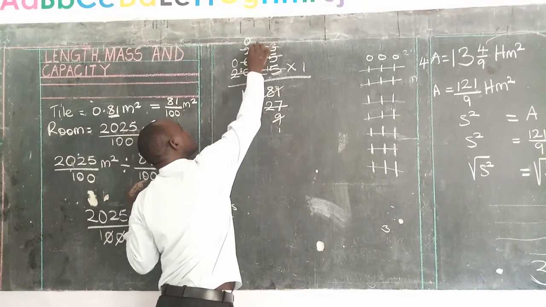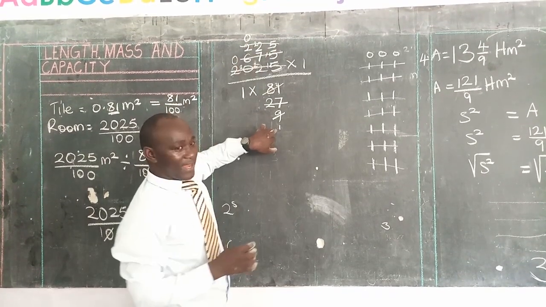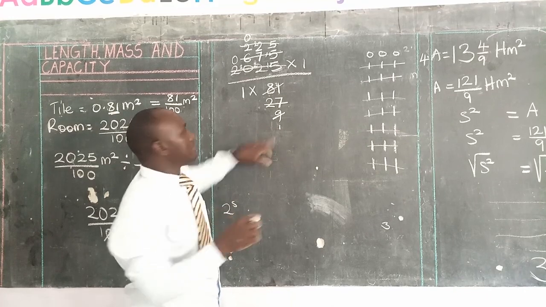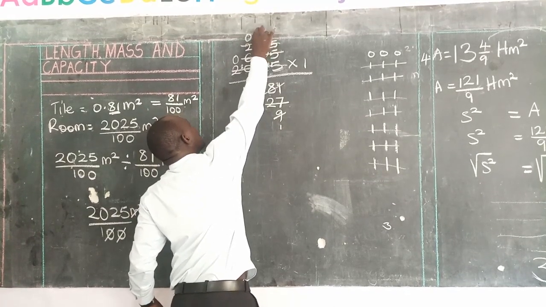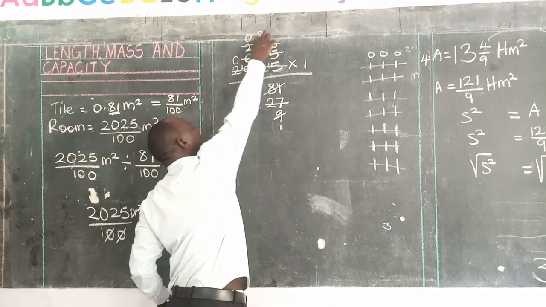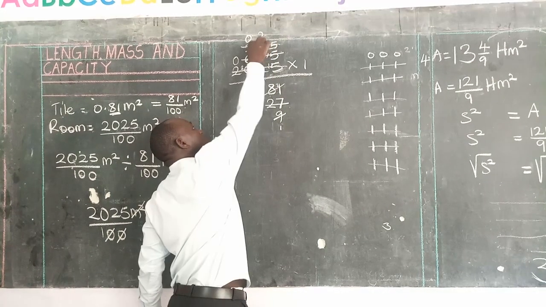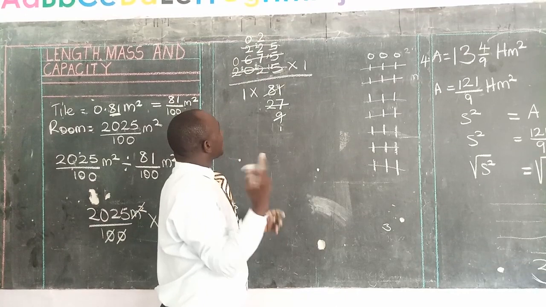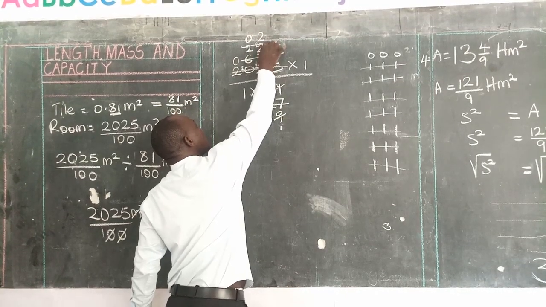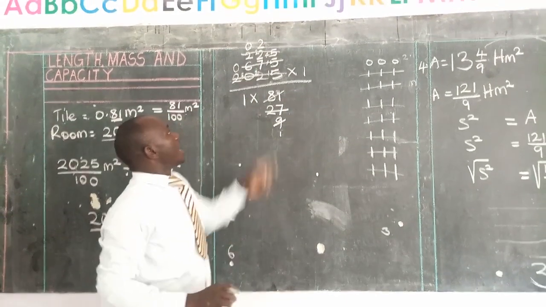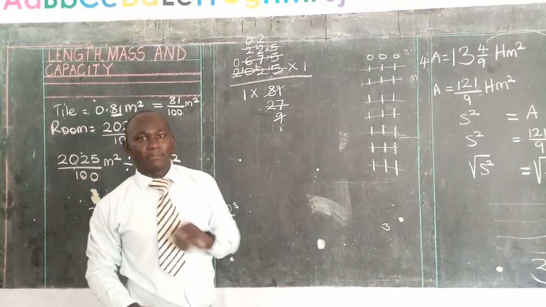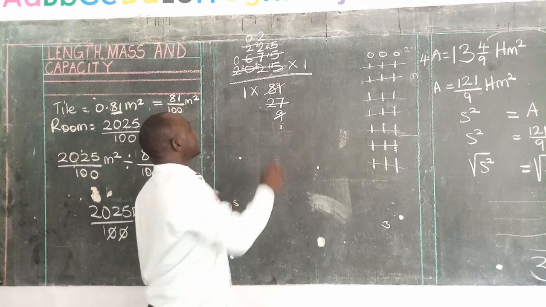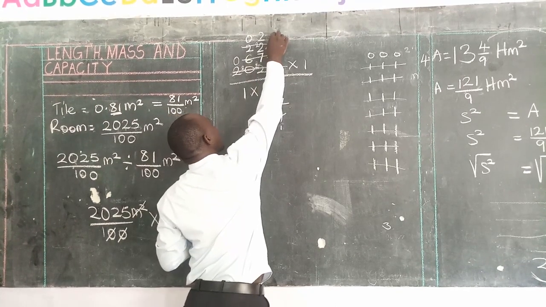Now I have 22. 22 divided by 9. How many times? I think this will be 2, because 2 times 9 is 18. So 22 minus 18, that will make you remain with 4. I have 45 divided by 9, and that is 5.